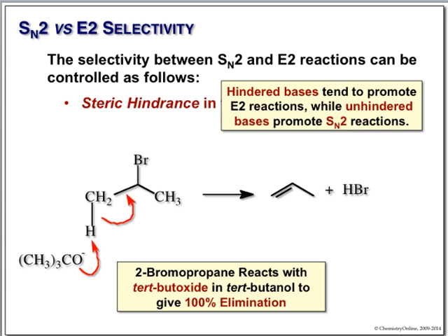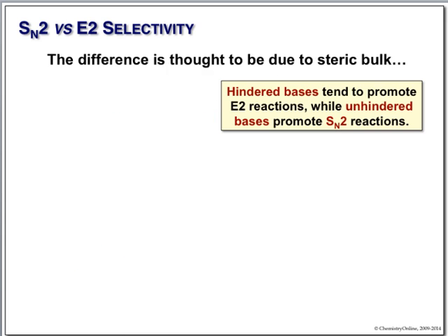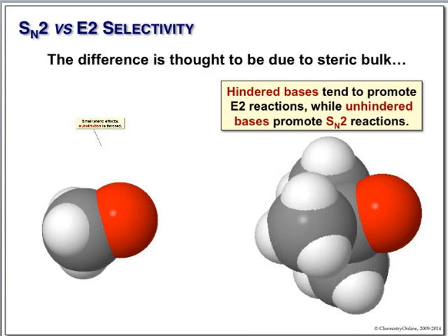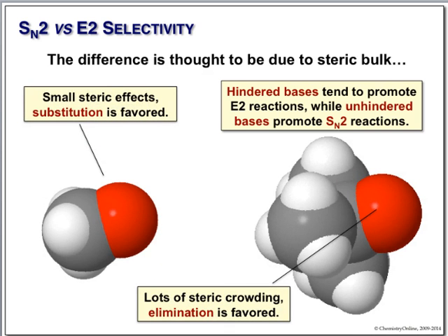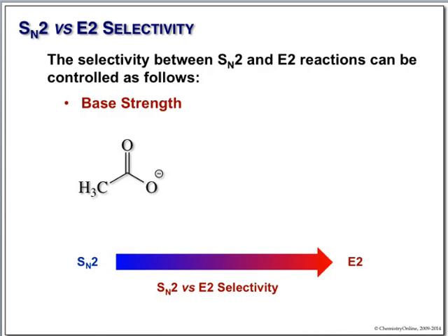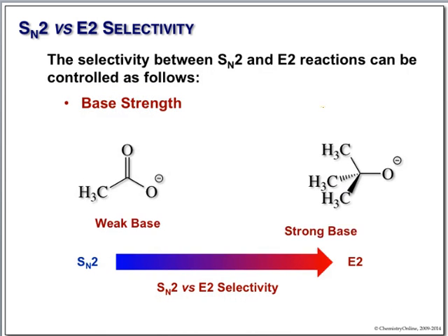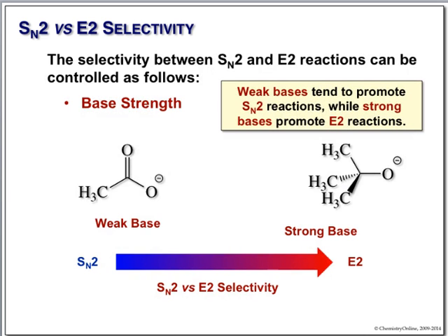So the thing to remember is the little tiny base is good for getting in and reacting. This is tert-butoxide. It's big, can't quite fit in there. It only acts as a base. Strong base, really hindered, promotes E2. Now that's the real key thing to remember.